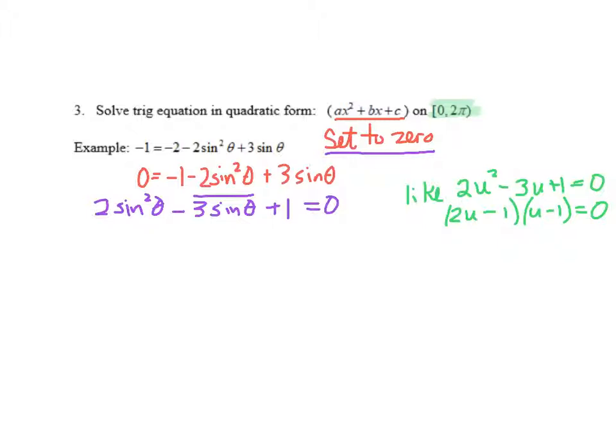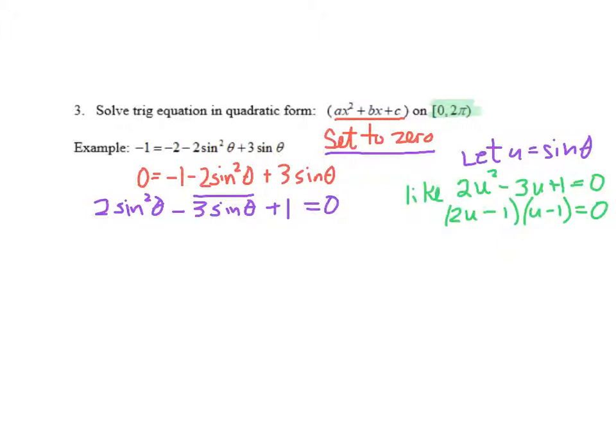If you're having trouble seeing quadratics factoring with the sine theta in there because it's so many letters, you could rewrite it, just let u equal sine of theta and substitute the letter u for all the sine thetas. If you find it easier to factor that way, it's up to you.